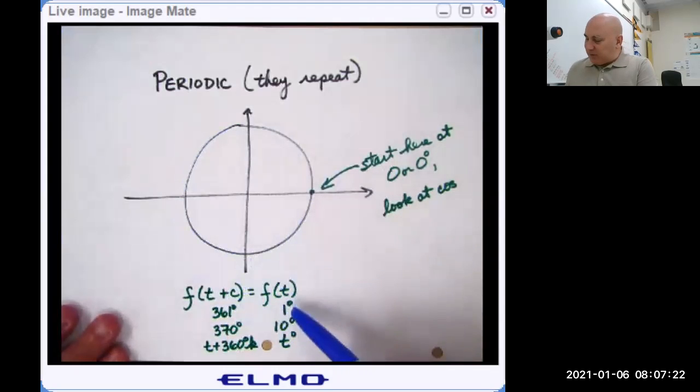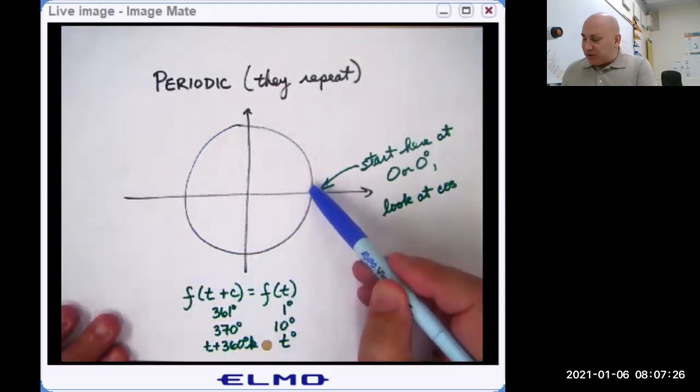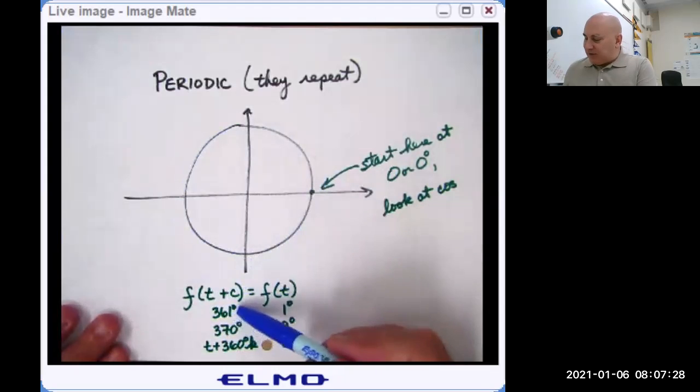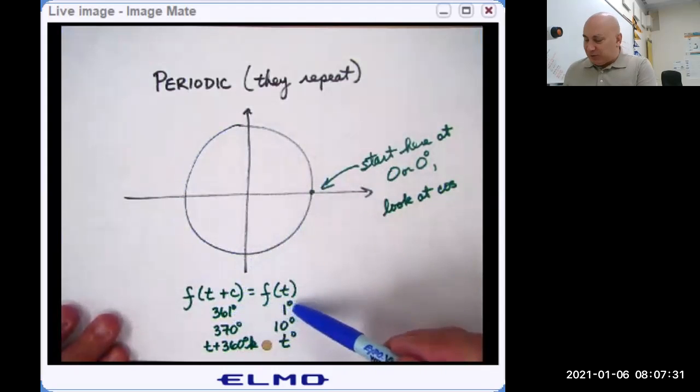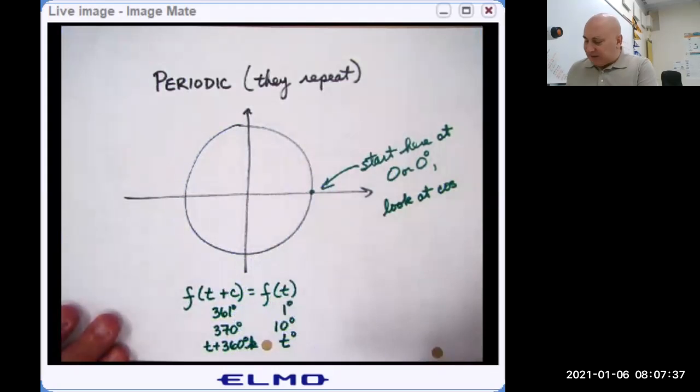Now, once you get to 361 degrees, that's coterminal with 1 degree. 362 degrees is coterminal with 2 degrees. 370 degrees is coterminal with 10 degrees. You can see that this is just going to repeat itself.